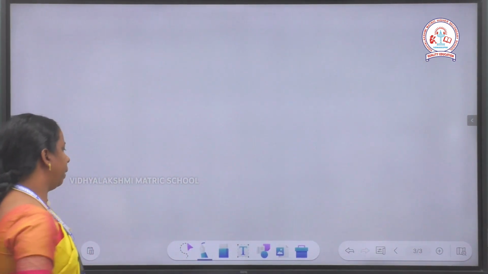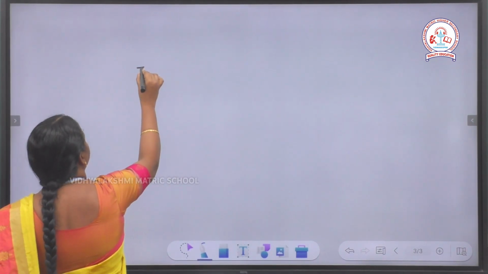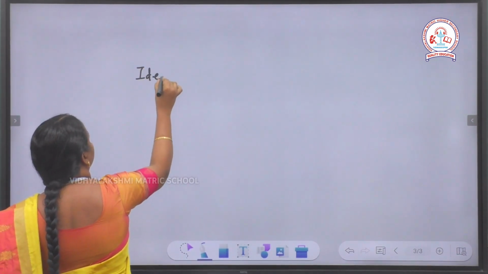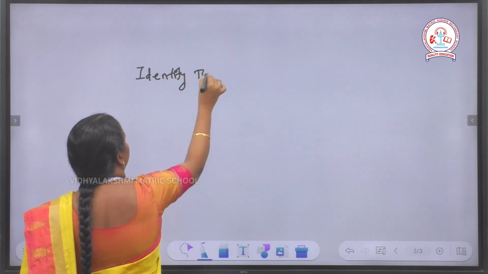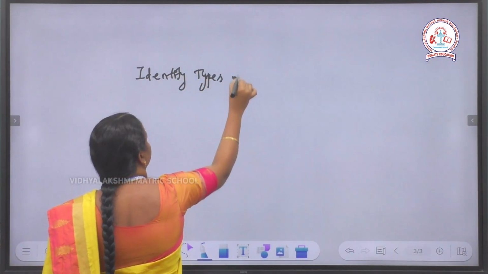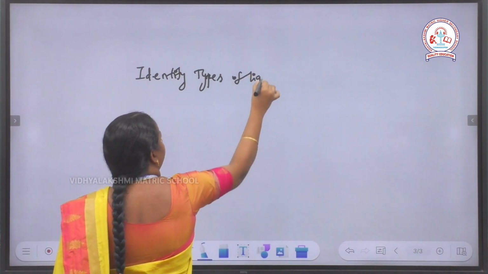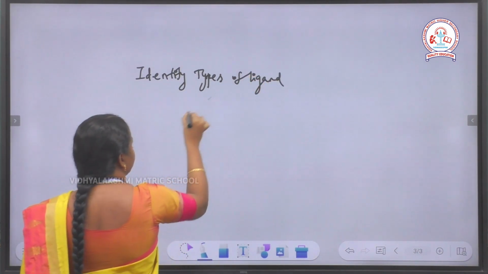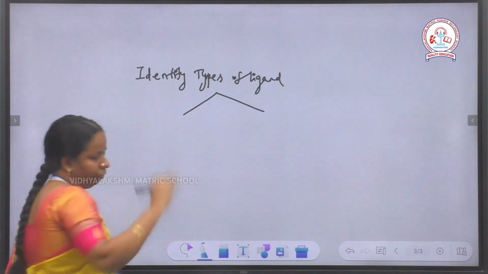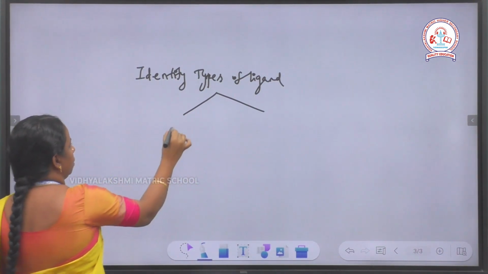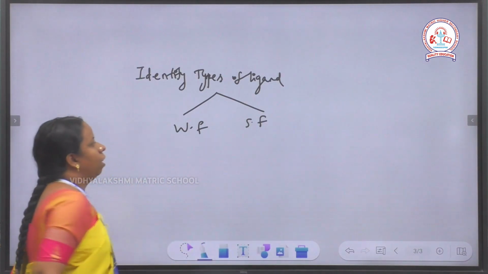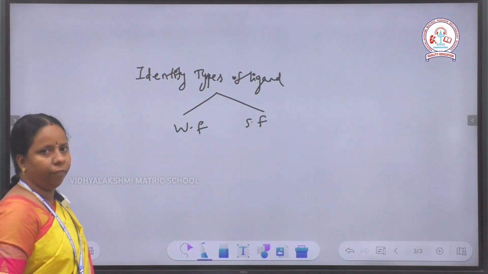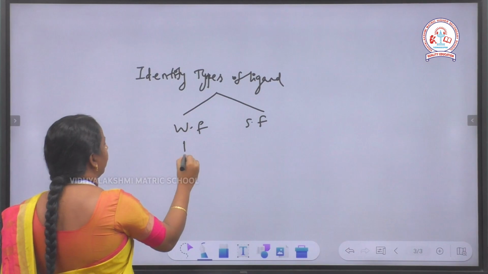Tip number 3 means identify the types of ligand. Whether it is a strong field ligand or a weak field ligand, you should identify. According to valence bond theory, a weak field ligand cannot pair up the electrons.